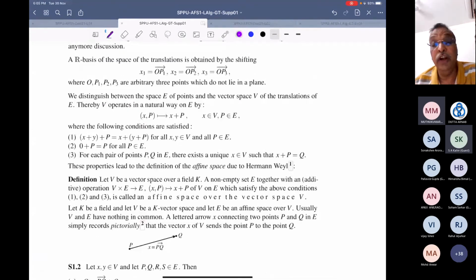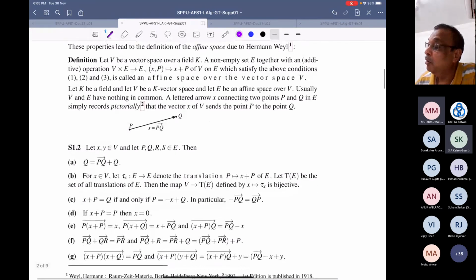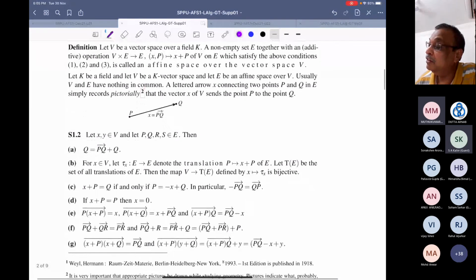Essentially, whatever you have learned in school, if not in school, in the first year of college, where you wrote vectors, parallelogram laws, and constructed parallel lines, and so on. So that explanation is there above, but that discussion had led to this following definition. Now look at the definition.